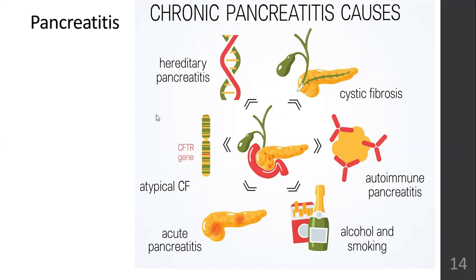There is a specific gene, atypical CF, a gene mutation that leads to chronic pancreatitis. Sometimes your own immune cells start attacking the healthy pancreatic cells, so it's an autoimmune pancreatitis. Too much alcoholism and smoking could lead to that. Acute pancreatitis, when not treated, will become chronic pancreatitis.